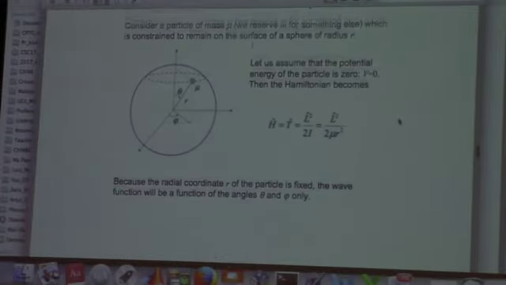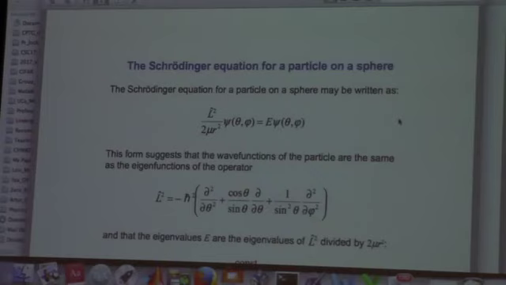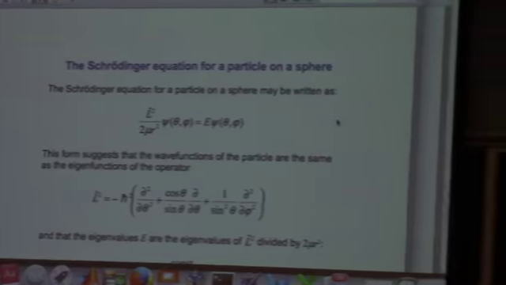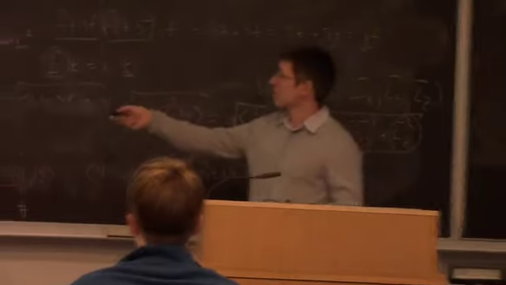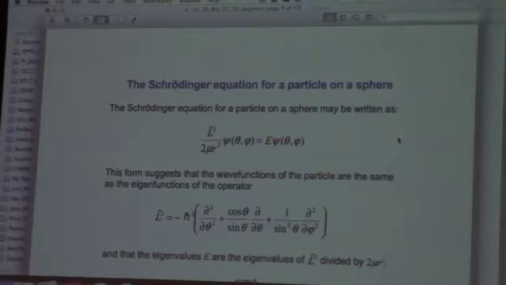The idea here is essentially that we arrive at the expression of L squared, which looks like this. Looks somewhat intimidating, but in reality it's actually quite simple, much better than the Cartesian expression. Now, what is this? This is our Hamiltonian times wave function equals energy times wave function.